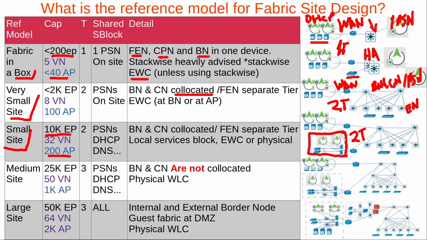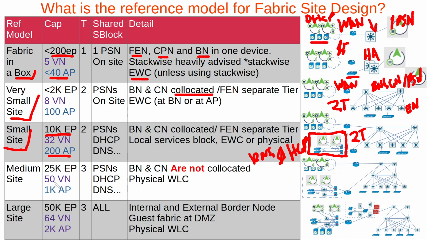You can go for a physical wireless LAN controller now, but you can still use an embedded wireless LAN controller. And you will be having your DHCP servers here now, locally. Because you have more users, your DNS servers also will be installed here in this services block locally.